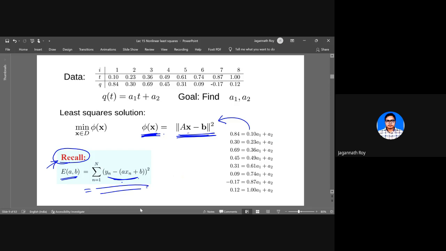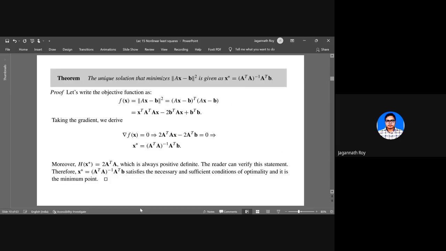Okay. Now for finding the least squares, there is a theorem which says that the unique solution that minimizes this system is given by this formula. The proof is very simple. f of x equals to this one.